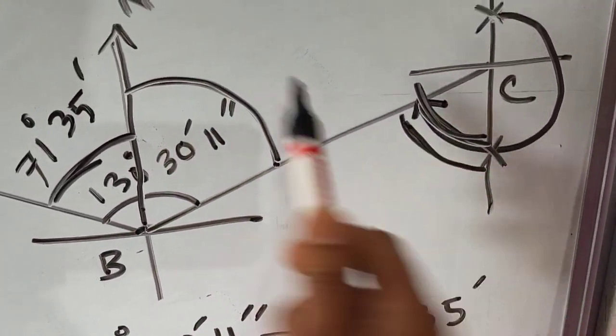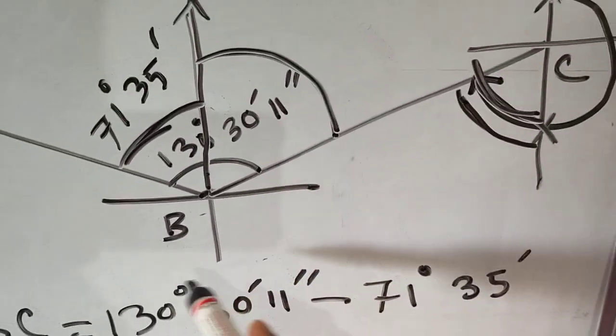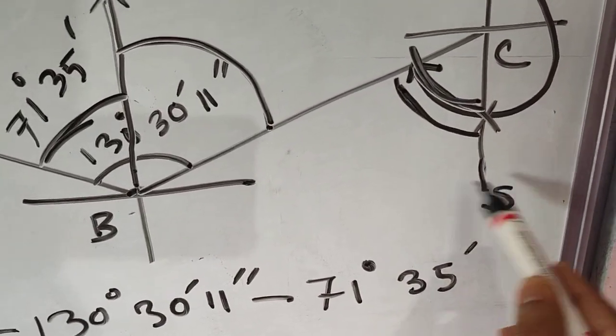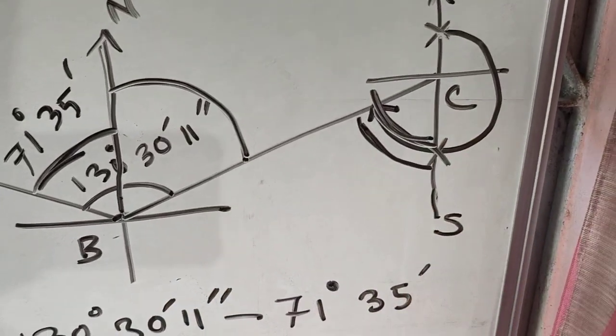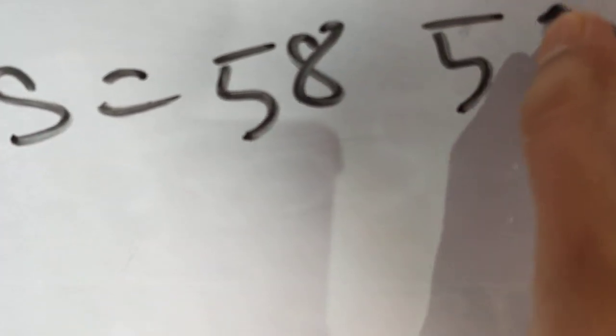This is equal to this because both these lines are parallel. So suppose this is south direction. So angle BCS is also equal to 58 degree 55 minutes and 11 seconds.